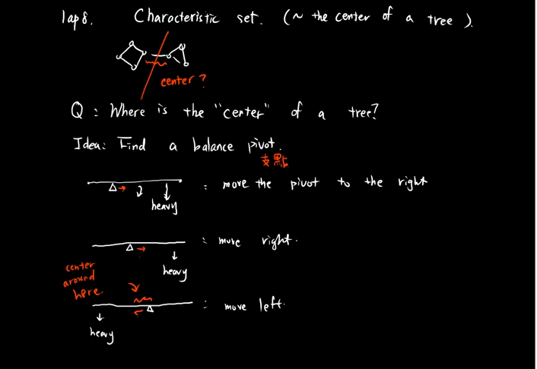So that's the idea of finding the center. And we will use this idea to do that on a graph, and particularly on a tree, so that the algorithm can work. So let's see what we can do. In order to talk about which one is heavier, we need to talk about the weight.